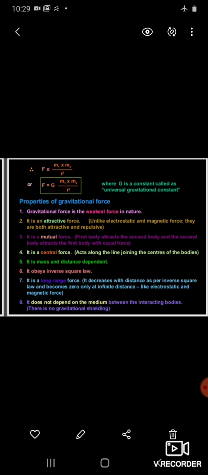It obeys inverse square law. It is a long range force. It decreases as the distance increases, and it increases as the distance decreases. It does not depend upon the medium between the interacting bodies. There is no gravitational shielding.